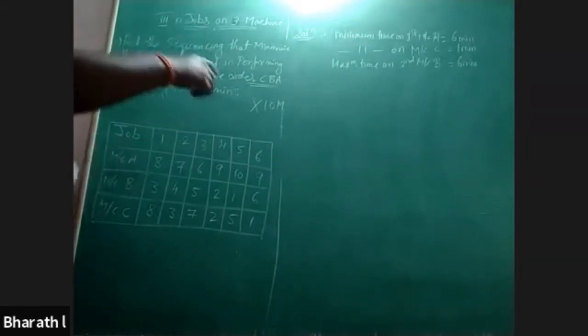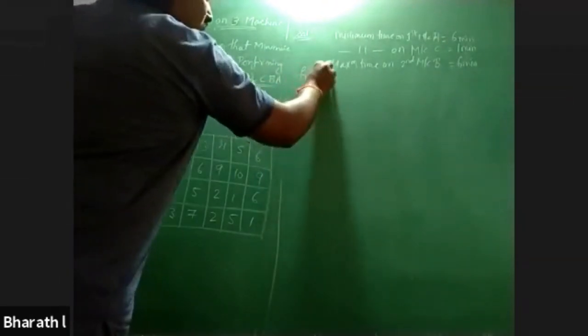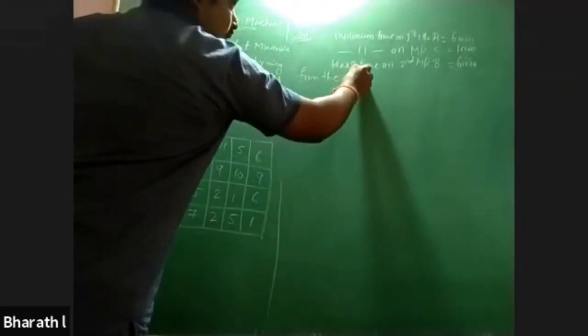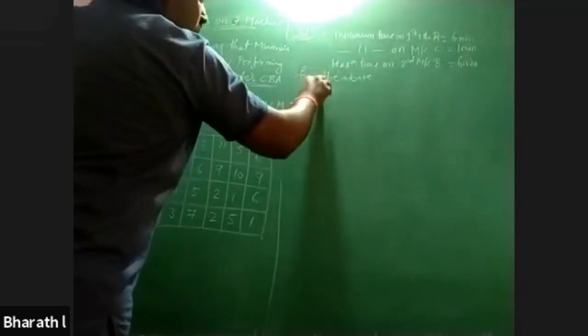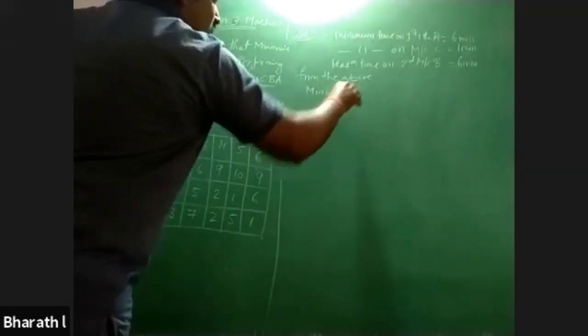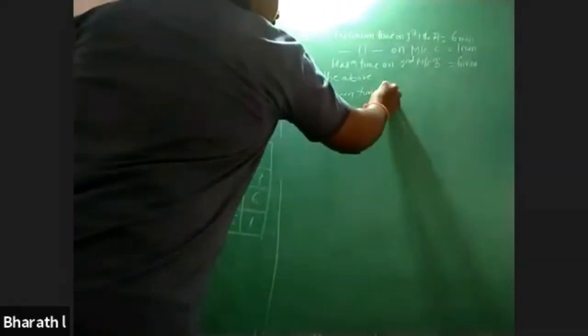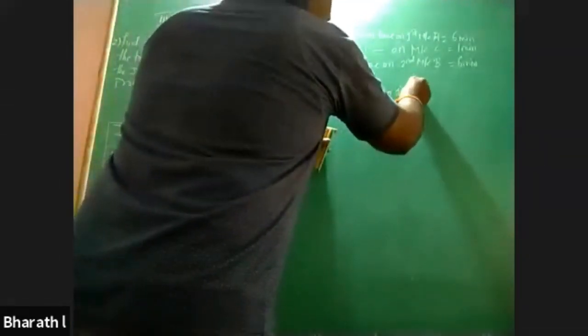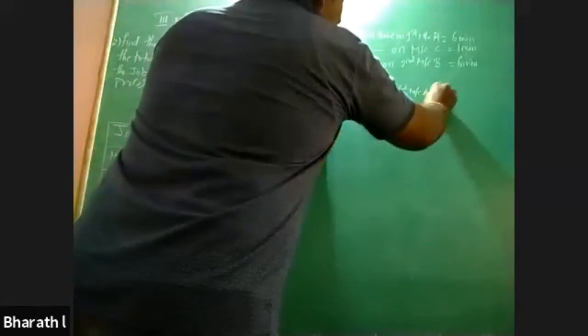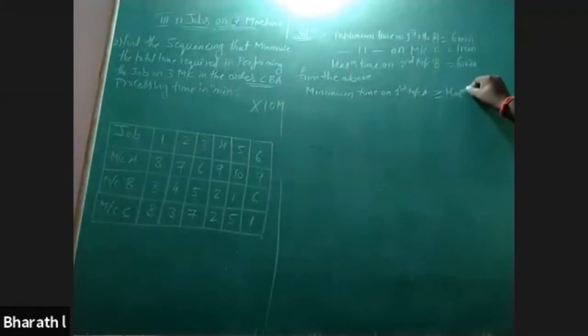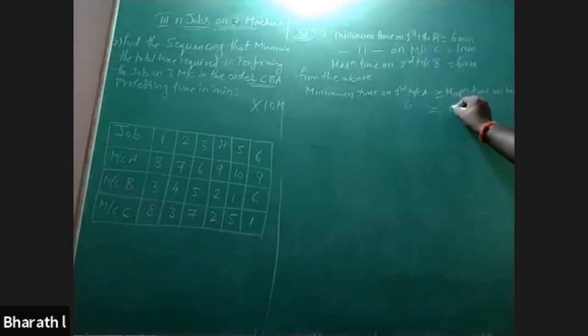we need to check from the above: the minimum time on first machine A is greater than or equal to the maximum time on machine B. That is, 6 is greater than or equal to 6.